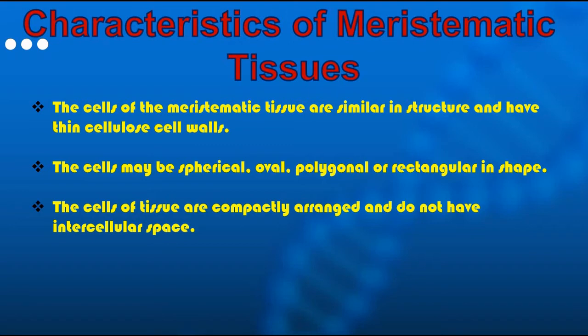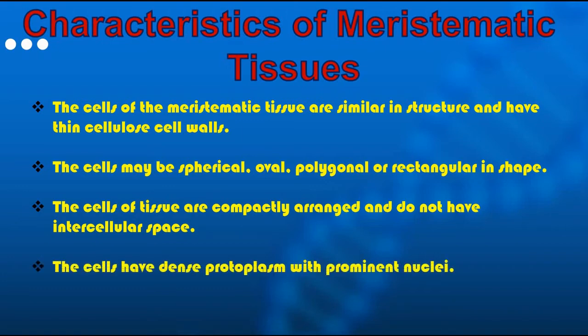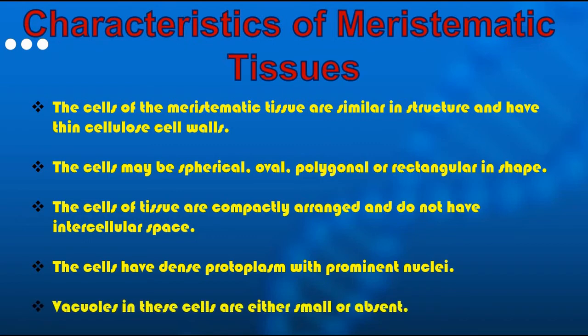They are stuffed in a block, so they don't have intercellular spaces. The cells have dense protoplasm with prominent nuclei. And at last, vacuoles in these cells are either small or absent.